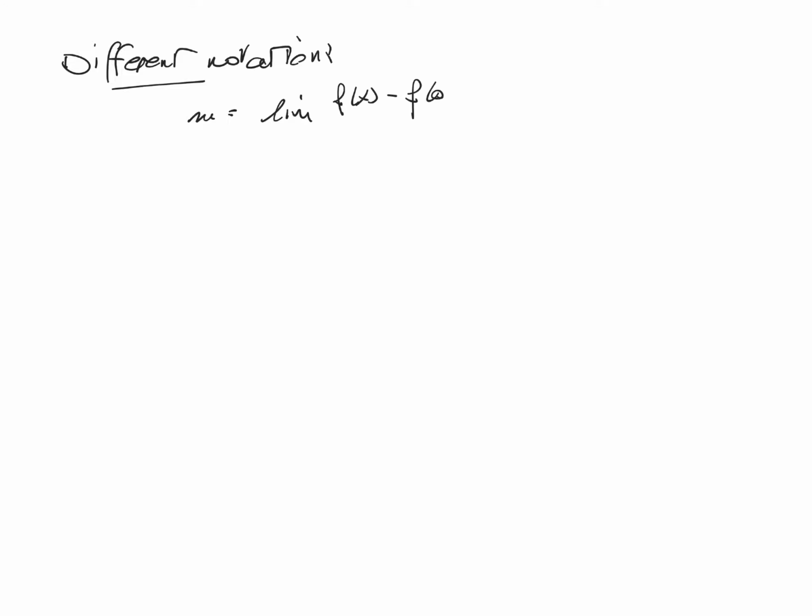This slope formula often gets also a different notation. So we had m was the limit of (f(x) minus f(a)) over (x minus a), with x towards a.